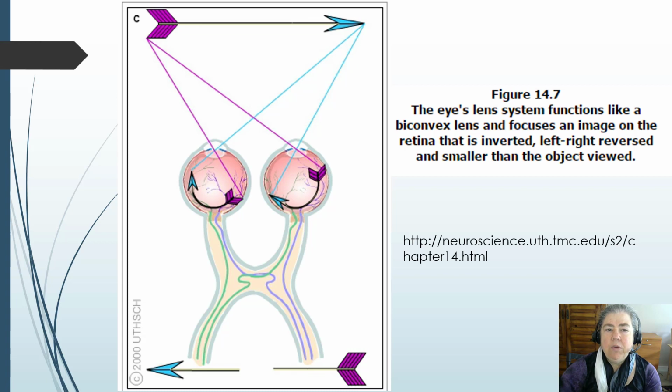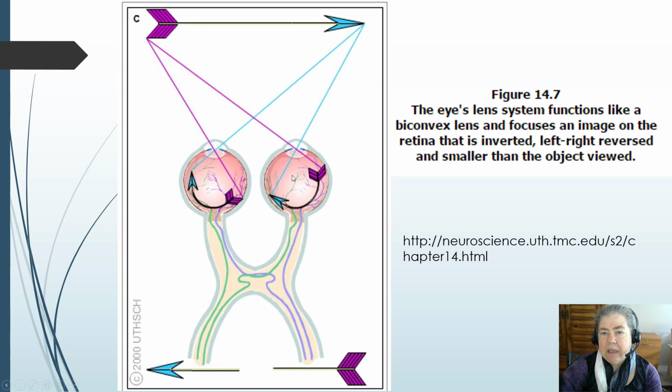When you look at something, you are focusing both eyes on the same image, and the image ends up inverted and reversed on the retina. So think about when you take a magnifying lens, which is a biconvex lens, and use it to focus an image on a piece of paper.